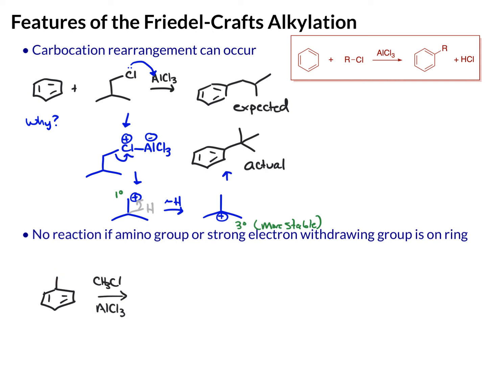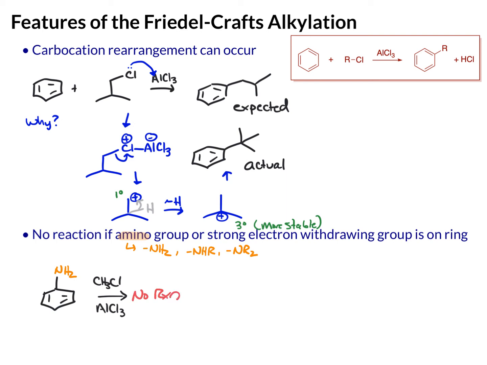There are a couple of important groups to be aware of. The first are amino groups. This could include an NH2 or carbon-substituted amino groups. So you could have NH2, NHR, or NR2. If you have one of these on the ring, you're not going to get any reaction.